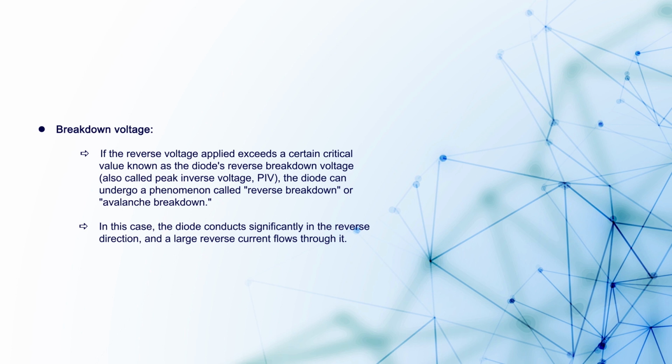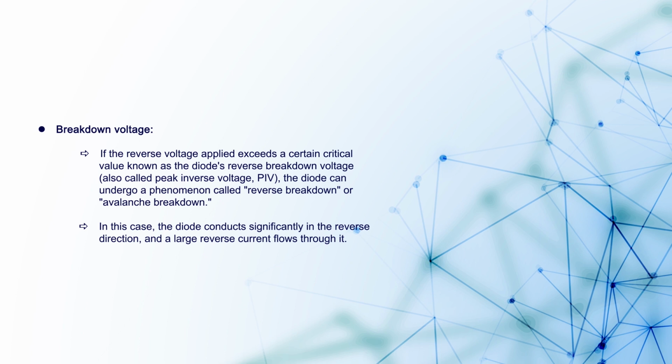So, when we apply a voltage in the reverse direction and the magnitude of the voltage exceeds a certain critical value, which is called the diode's reverse breakdown voltage, also called peak inverse voltage, in short PIV, then the diode can undergo a phenomenon called avalanche breakdown. In this case, the diode conducts significantly in the reverse direction and a large reverse current flows through it.